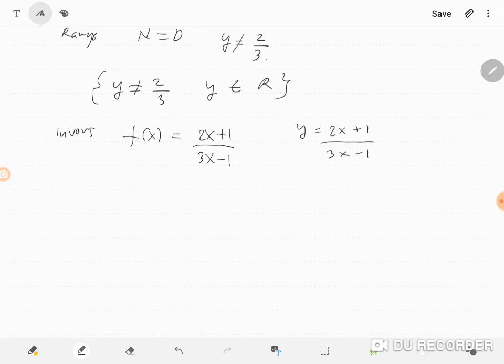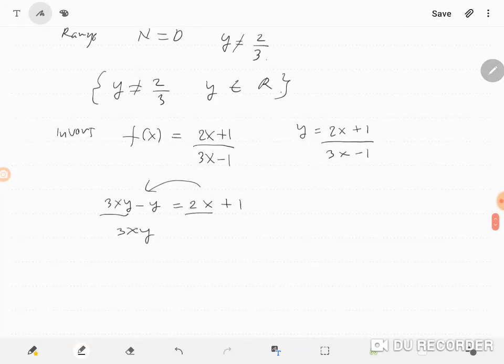And then you cross multiply, you have 3xy minus y equals 2x plus 1. To make x the subject, you move x to one side, right? So you have 3xy minus 2x equals y plus 1, because this is positive, so it becomes negative.